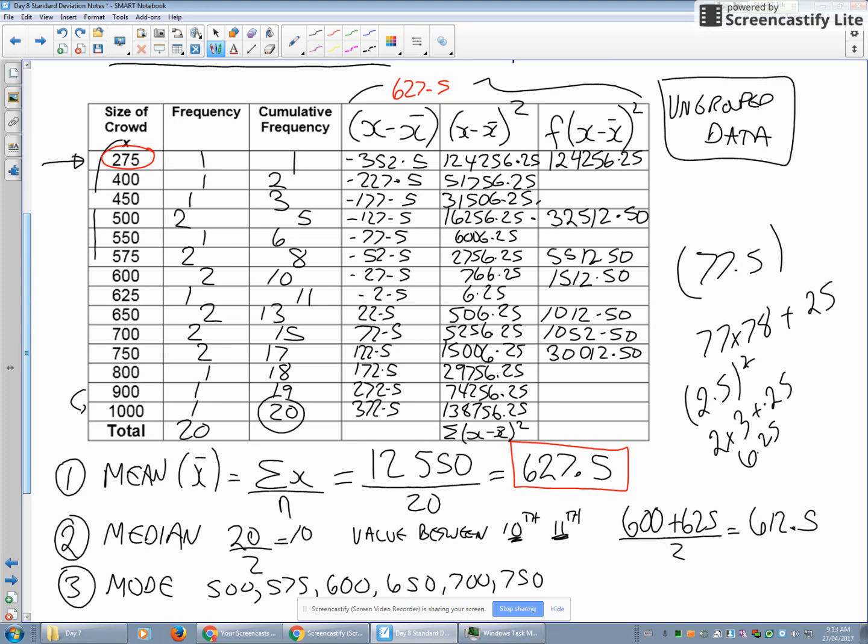What operation are you doing to that? I'm multiplying it. So I have two values here. Yep. So whenever my frequency is 1, it's just the same value as my x minus x bar. So I haven't bothered writing it for the second and the third case. In the fourth case, I've got a frequency of 2, so it's going to be 2 times 16.256.